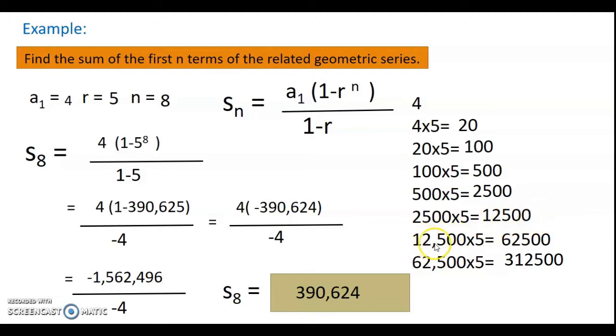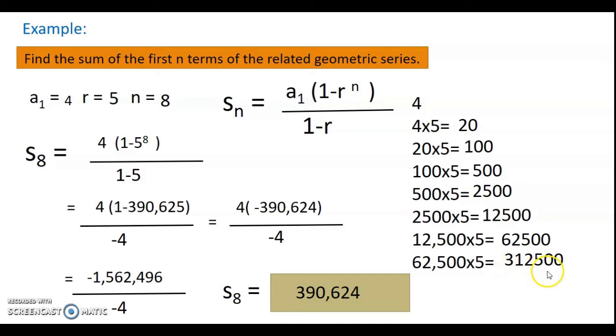And 12,500 times 5 is equal to 62,500 for our seventh term. And 62,500 times 5 is equal to 312,500. So these are the numbers in our geometric sequence.